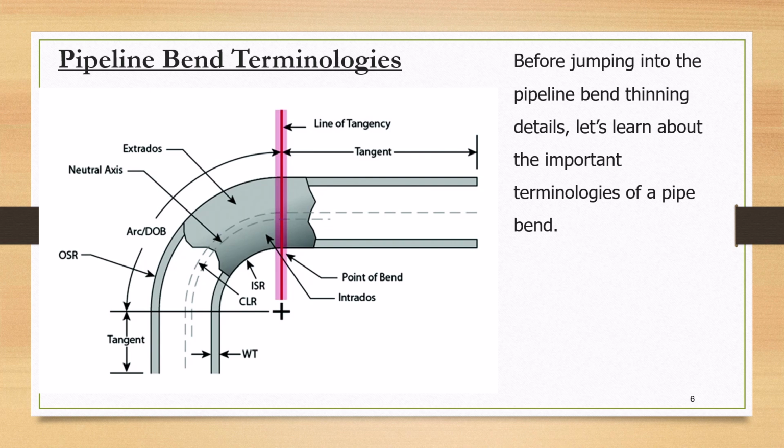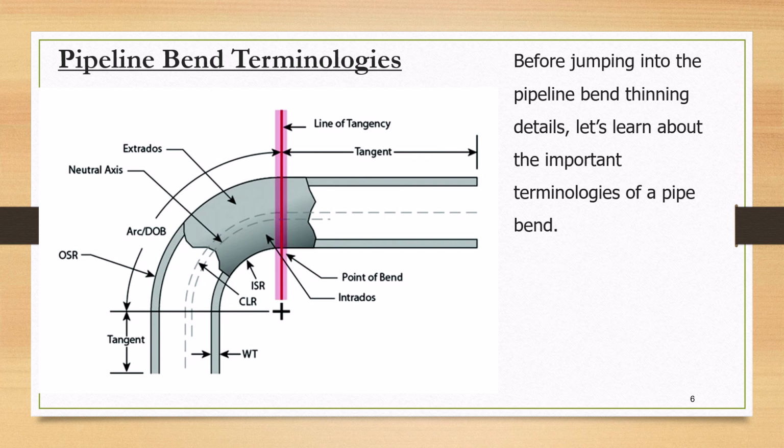Neutral axis versus center line radius CLR. As shown in this figure, the neutral axis is physically close to the center line radius, but these terms are not synonymous. The neutral axis is a narrow region lying inside of the center line radius, separating the zone of compression from the zone of stretching.